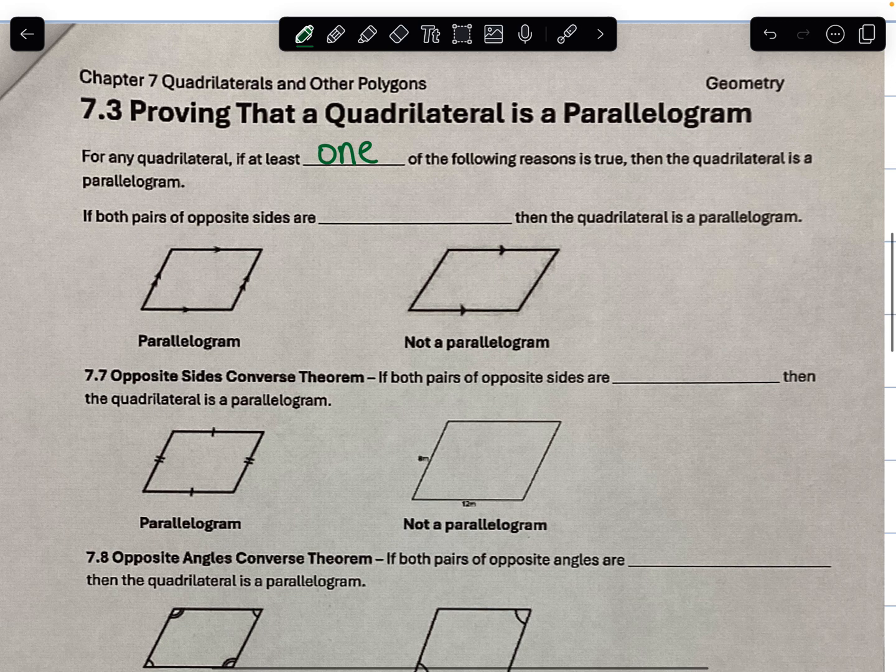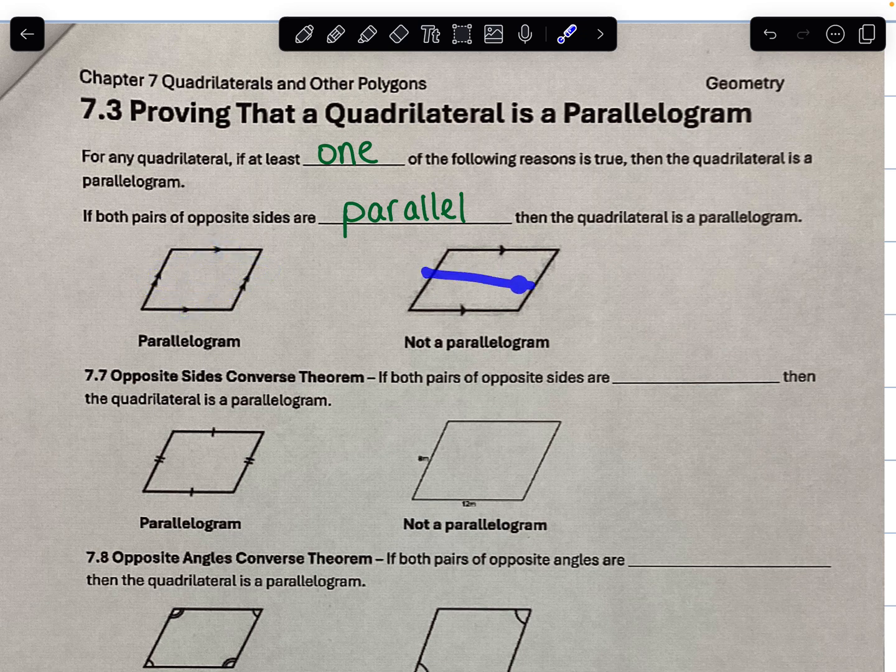So if both pairs, right, not just one pair, but both pairs of opposite sides are parallel, then we can say it is a parallelogram, right? Which we already knew because we just talked about that. So the first one is a parallelogram, right?